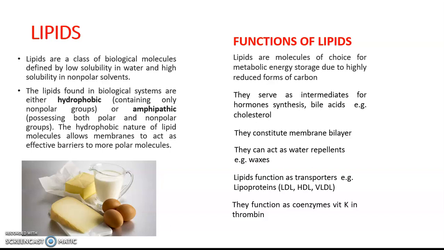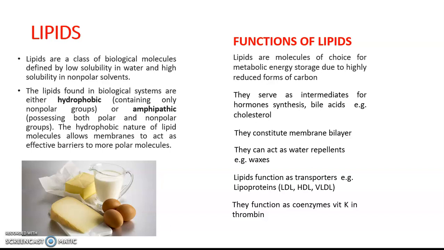Lipids can also function as transporters, transporting various foods to various tissues or organs in the system. So we have the function as lipoproteins, made up of lipids and proteins. Examples are low density lipoprotein, known as the bad cholesterol, and high density lipoprotein, also known as the good cholesterol.